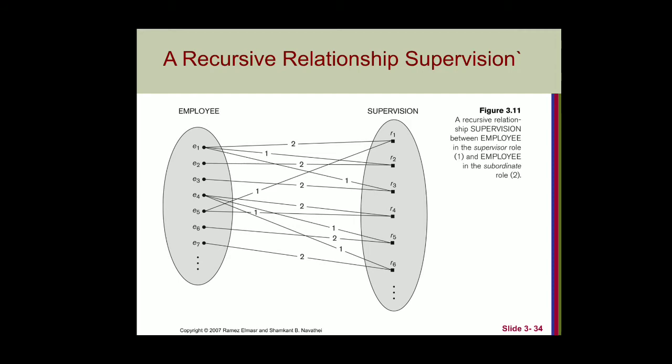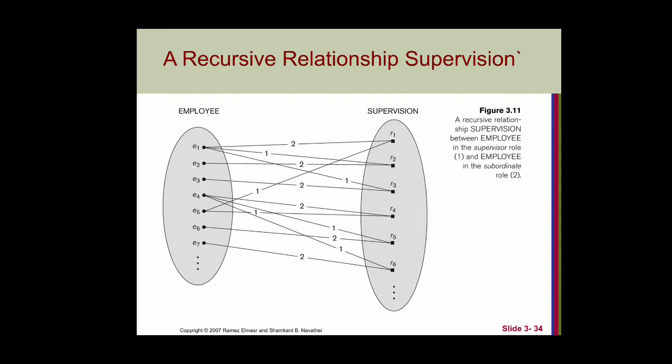Consider an example of supervision as a relationship type. Here we have an employee entity type, which is considered twice, and we have lines joining supervision and the employee. If we consider employee E1, we can see a line from there, and we have a supervision instance R1. This supervision instance R1 joins two employees, E1 and E5, and we have written numbering like 2, 1.